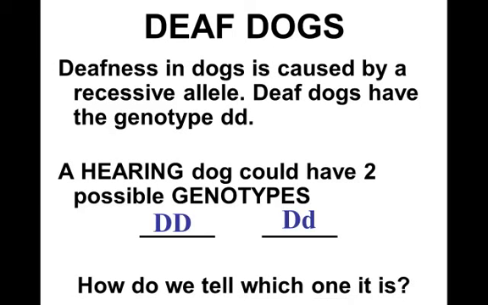That means that hearing dogs could have two possible genotypes. If I'm a dog that can hear, I could have the big D, big D genotype, or I could also have the big D, little d genotype, and my phenotype would look the same, hearing.